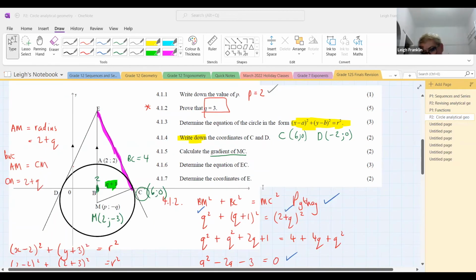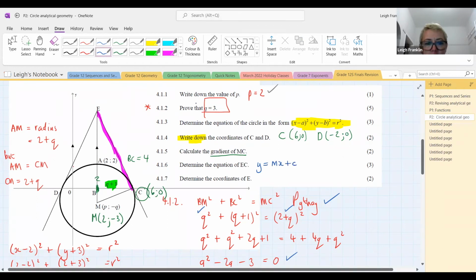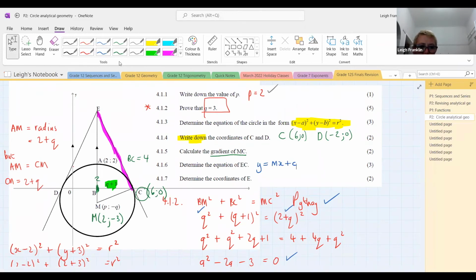So what should we do here as far as calculating gradient is concerned? Can anybody tell me? Okay, so we're going to find the gradient of MC.